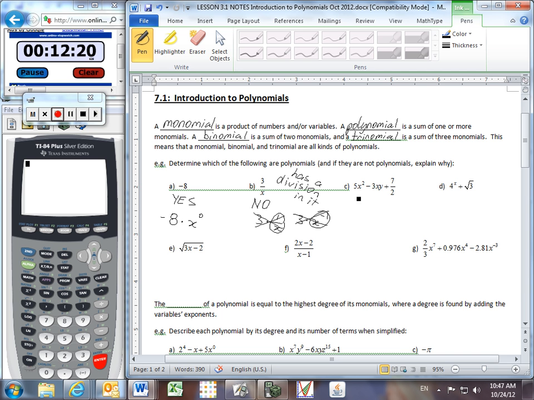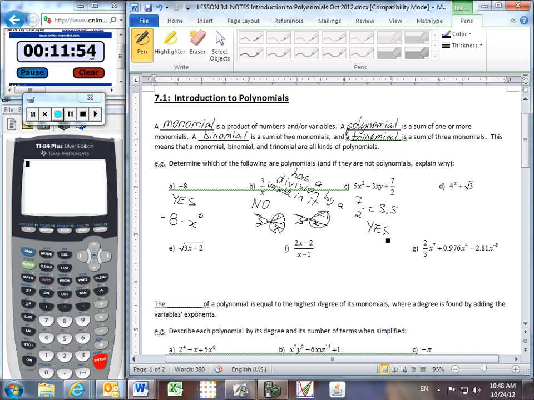But 7 divided by 2 can be written as simply 3.5, can't it? And so a division by a number is not a problem. Where this one has a problem is a division by a variable. So maybe I should say it has a division by a variable in it, because that's the real issue, why part B is not a polynomial, while part C is a polynomial.